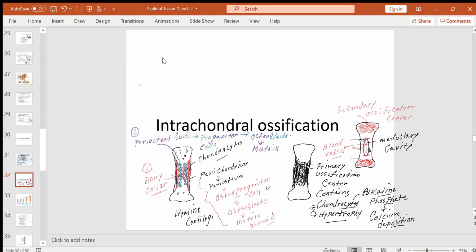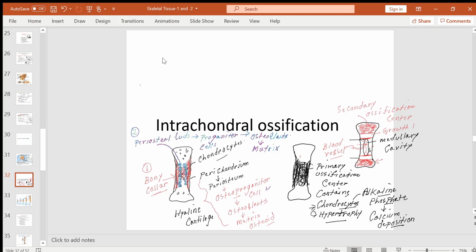So this is the shaft, between these two lines, where the bone tissue has been formed, and this is the end where the bone tissue is being formed. And the space in between the shaft and the end, where the cartilage is still not converted to bone, that is called the growth plate.